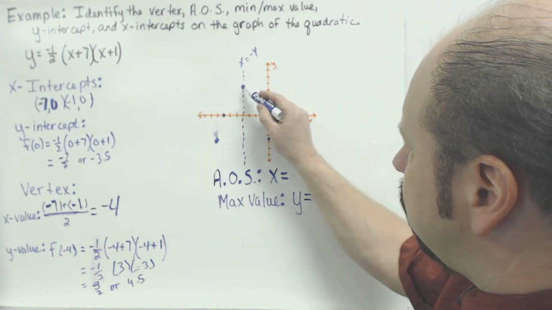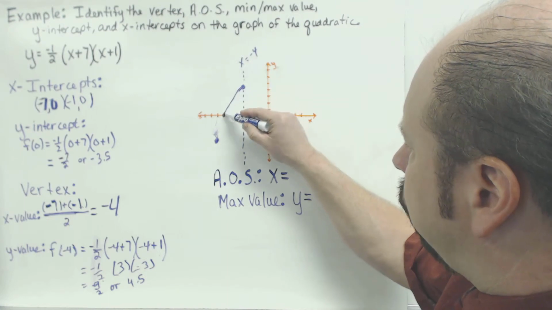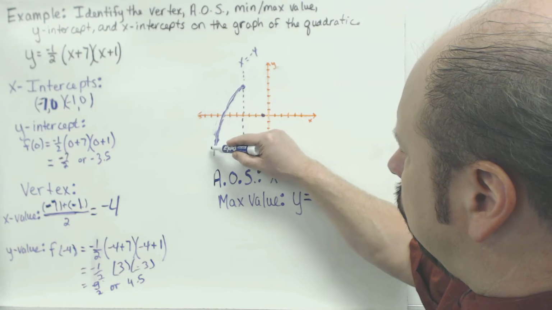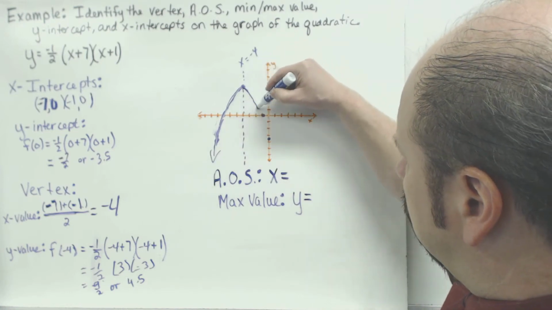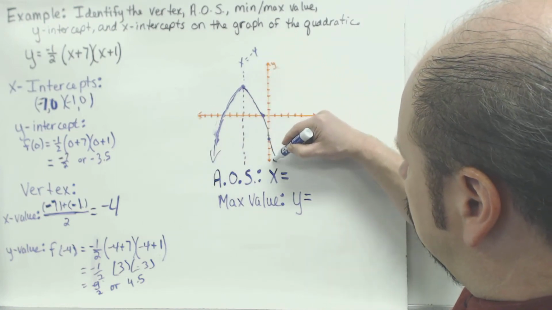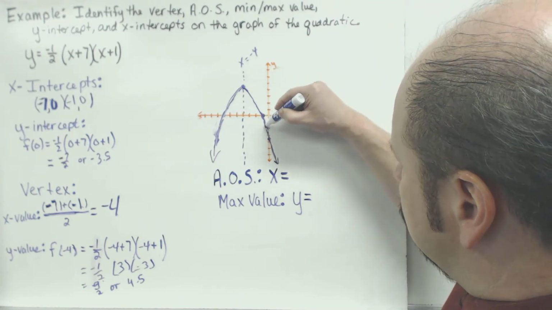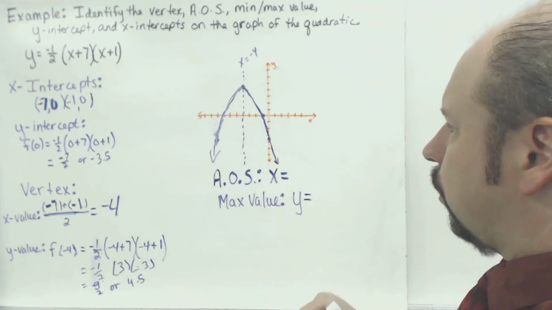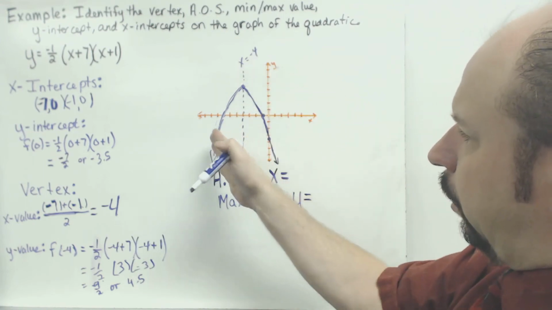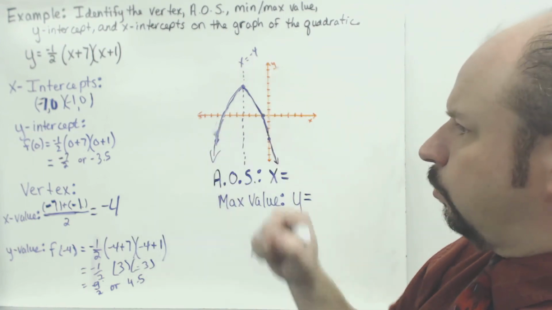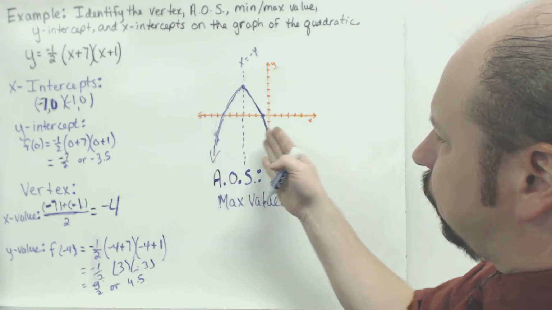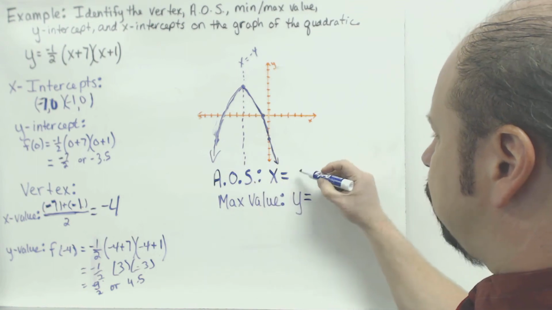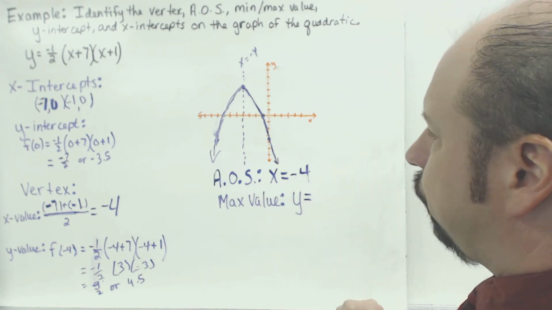And we now have enough information to graph our parabola. Okay, and as long as you show that you found approximately 5 points on our graph, really we're finding 3, and we're given the other 2 because we're symmetric. So we have our 5 points on our graph. So our axis of symmetry, x equals -4.